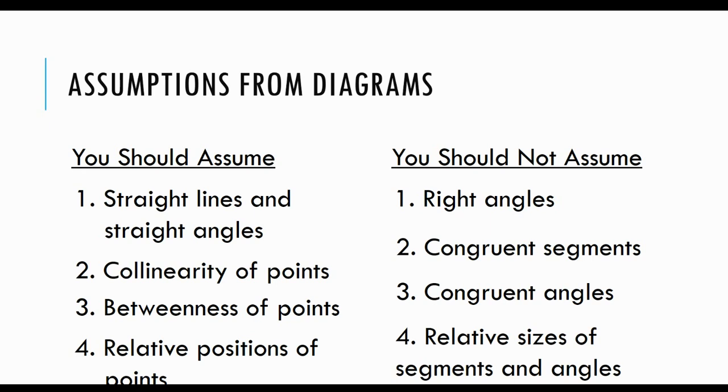And then just the relative size of these segments and angles in general. So I can't say, yep, that segment's longer than this one unless I clearly know, okay, this is marked as 3 inches and this one's marked as 1 inch. Okay, same thing with angles. I cannot assume, yep, that's an obtuse angle and this is an acute angle. Unless I'm specifically told that, I cannot assume it.